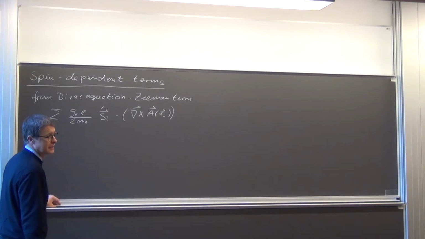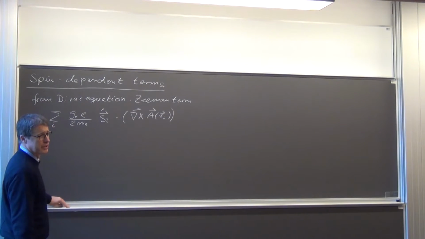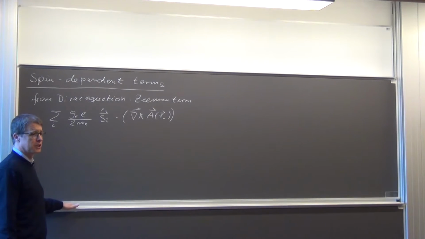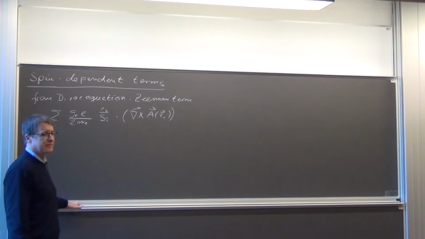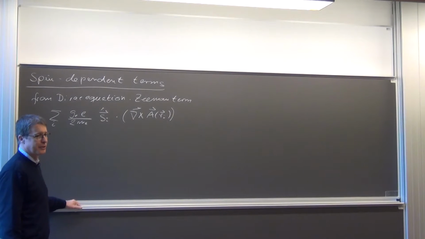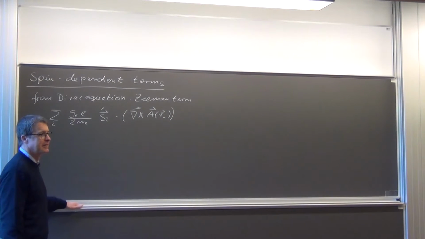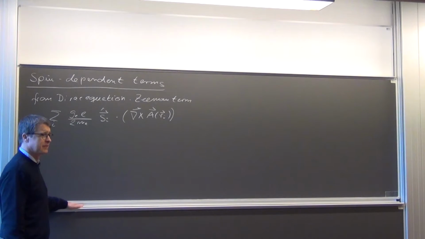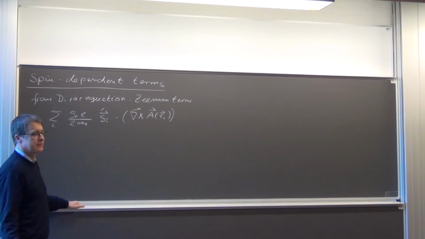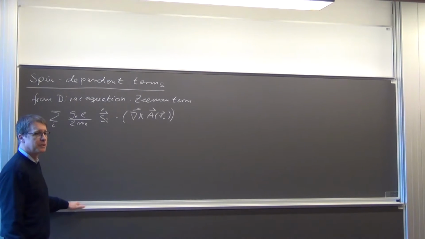You can actually have a discussion about whether spin is a relativistic effect or not, and I've heard both opinions. People say clearly no, this is not a relativistic effect. This is just a property of all elementary particles that they have spin, and it has nothing to do with special relativity.